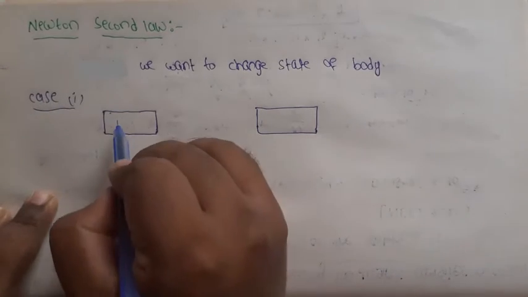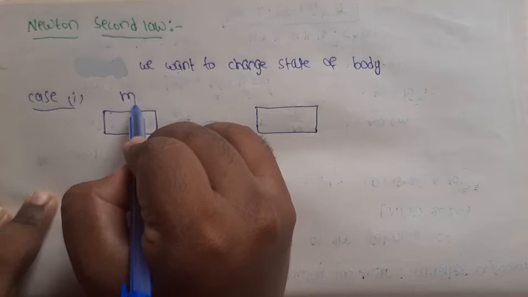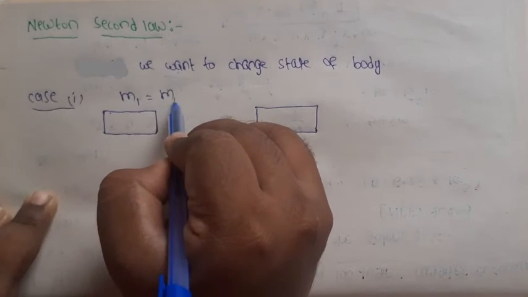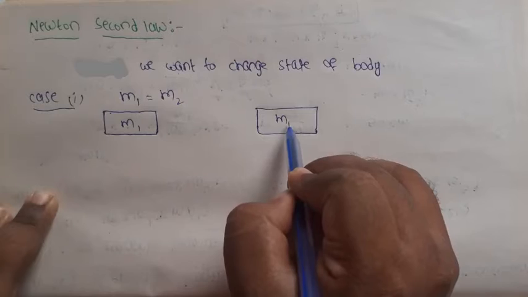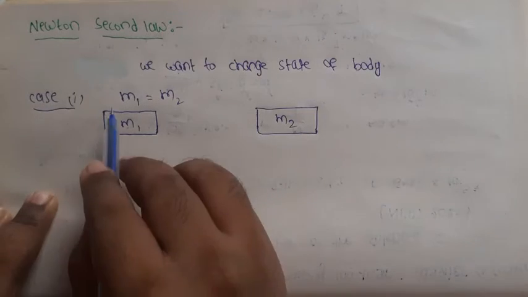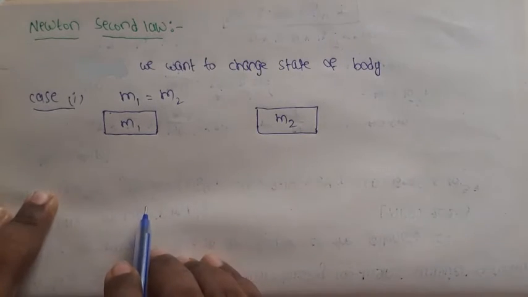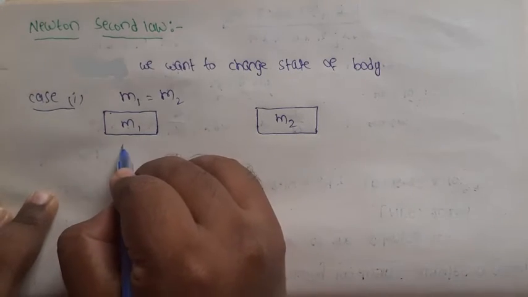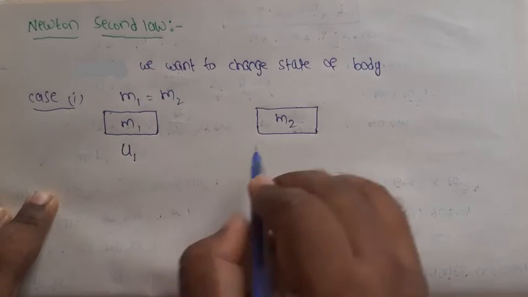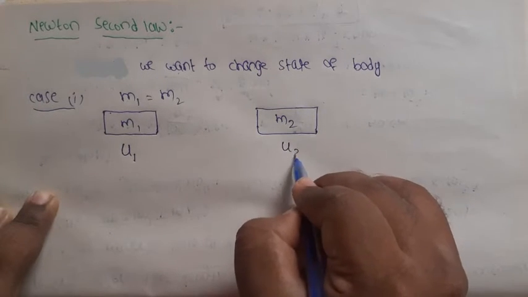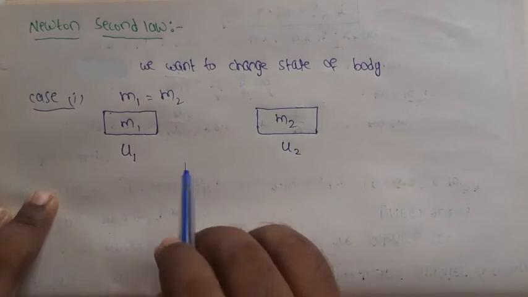So I am taking case 1. In case 1, both objects have masses m1 equal to m2, so both objects have the same mass. Initially these two are at rest, so the initial velocities of the bodies are u1 and u2.